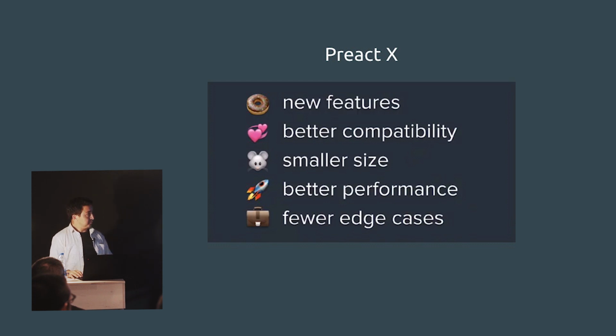They announced that they were making a new Preact, built from the ground up. They started from nothing, and they were able to add new features with better compatibility with React, an even smaller size, and better performance than before.